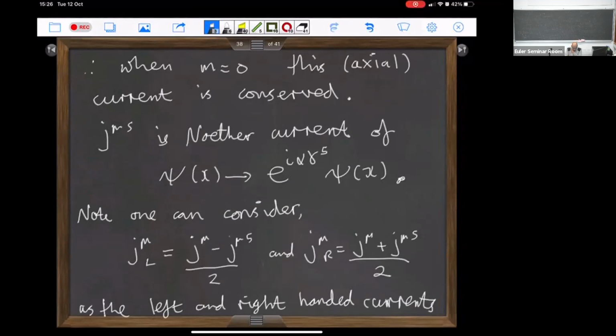of a type we haven't seen before, in which you multiply the Dirac spinor by the matrix which is given by the exponential of i times alpha times gamma 5.